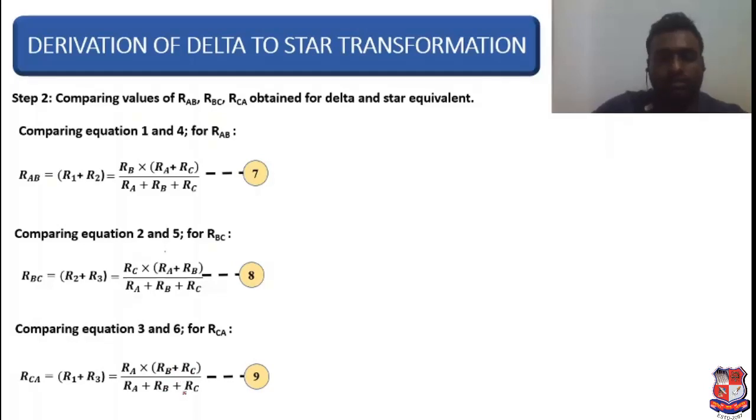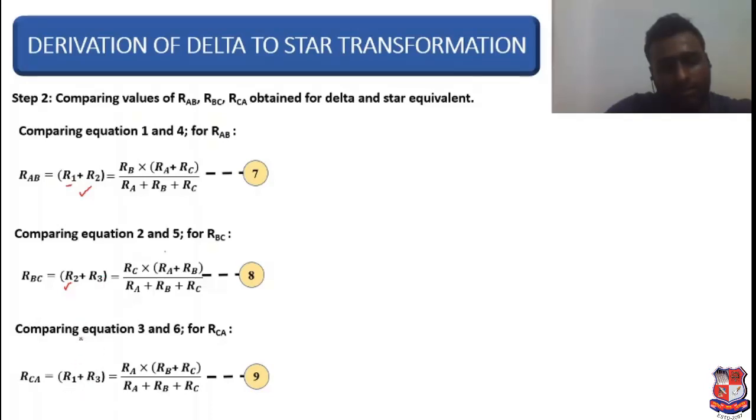Now to solve this, there are many possibilities. Suppose I want to find R1, then how do I have to proceed? First I have to subtract this equation and this equation to eliminate R2. From this, if I subtract, I will get R1 minus R3, and I have here R1 plus R3.